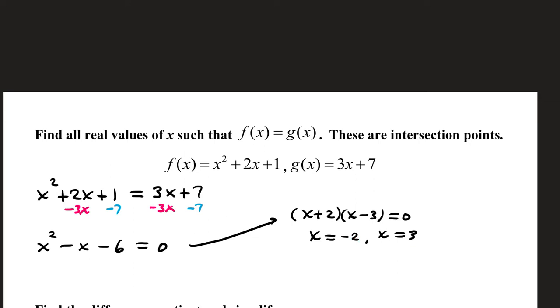If you needed the actual coordinates, an easy way would be to take negative 2, plug it into 3x plus 7, and that would give you 3 times negative 2 plus 7 is 1. So it would actually give you the point negative 2, 1.